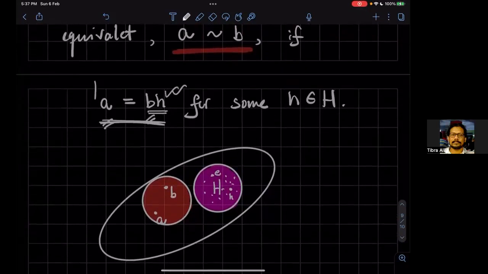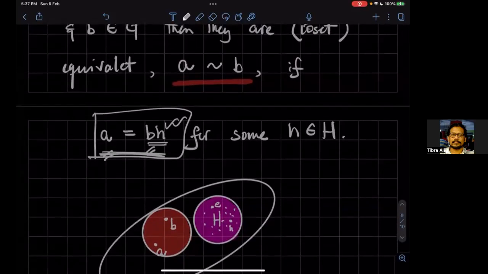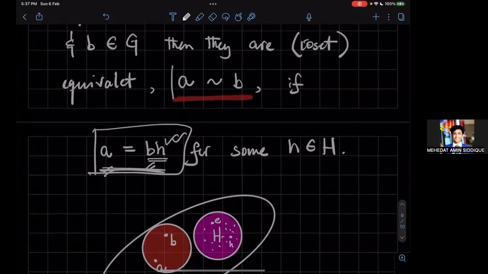Exactly. If this equation is satisfied, we say that they are coset equivalent.